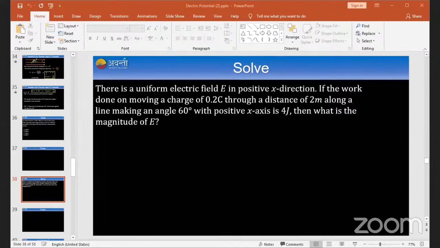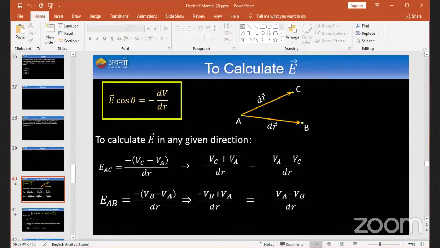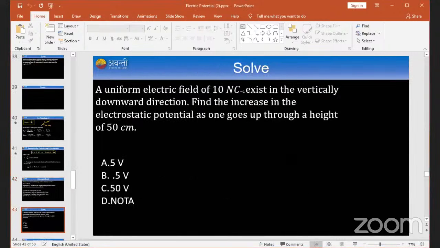Hi guys, so yes, in today's class we'll be learning about electric potential again, for a system of charges. Then we'll be solving a few problems. As you are able to see on the screen, there are several problems which we are going to check out for today.